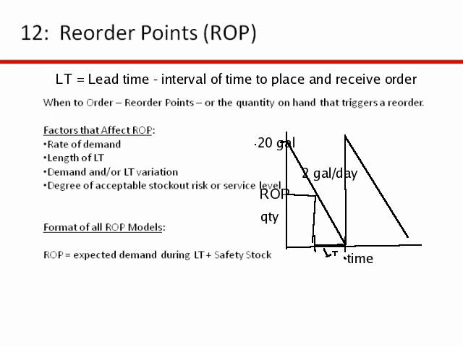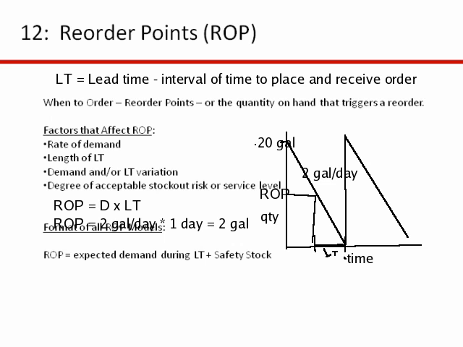So the reorder point is a quantity, even though it's tied to time. It triggers us to make sure that we don't run out. The reorder point is going to be equal to the demand times the lead time. So in this particular case, the reorder point will equal 2 gallons per day times 1 day lead time, so it's going to be 2 gallons.